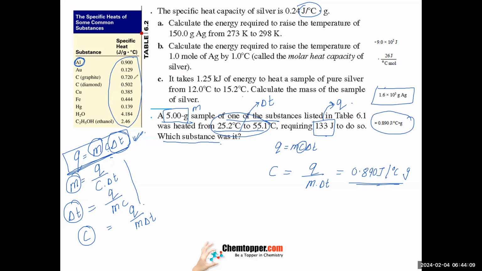I think in the last class I told you specific heat capacities are like fingerprints. Like you have your unique fingerprints, these substances have their unique specific heat capacities. If you know the specific heat capacity of a substance from this type of experimental data, you know the element. So this question can be there.